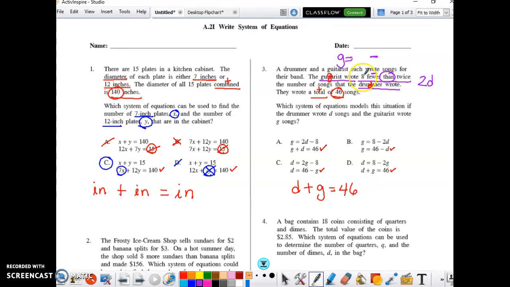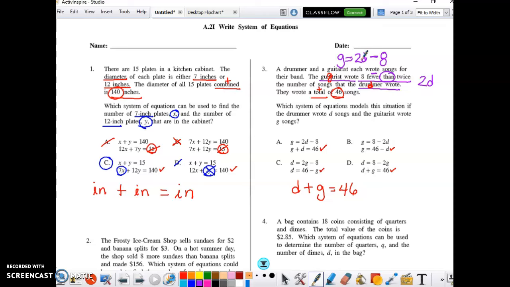So instead of writing 8 minus, you have to write the 8 after the minus. So the 2D goes in the front. And again, it's that key word than that makes those two flip. Even though 8 was first, because of the than, now the 8 is second. Because it's 8 fewer than 2 times D.